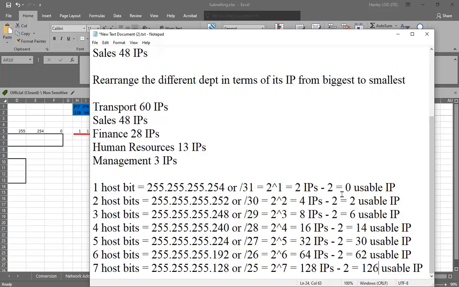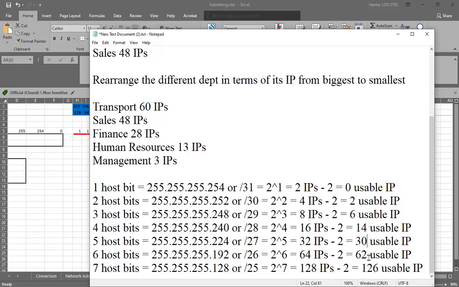So that means that we are going to use the usable addresses to determine the actual subnet mask to be used depending on the grouping. If you compare, transport needs 60. Definitely I cannot use /31, which gives me 0. /30 gives me 2, not enough. 6 also not enough. 14, 30 also not enough.